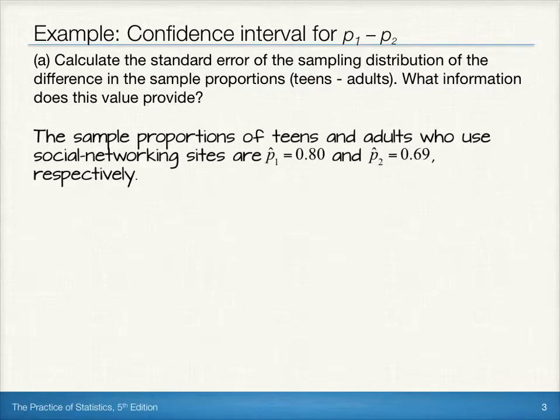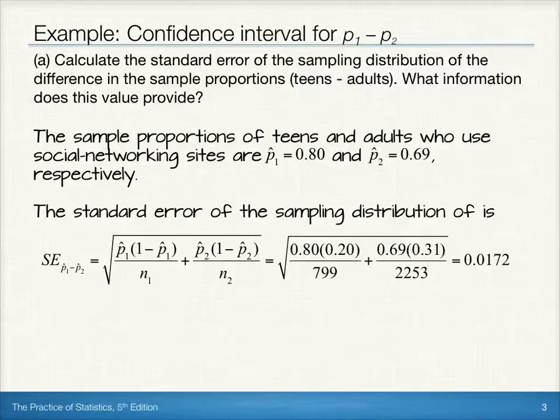The sample proportions of teens and adults who use social networking sites are p hat 1 equals 0.80 and p hat 2 equals 0.69 respectively. The standard error of the sampling distribution can be found using the formula square root of p hat 1 times 1 minus p hat 1 over n1, plus p hat 2 times 1 minus p hat 2 divided by n2.